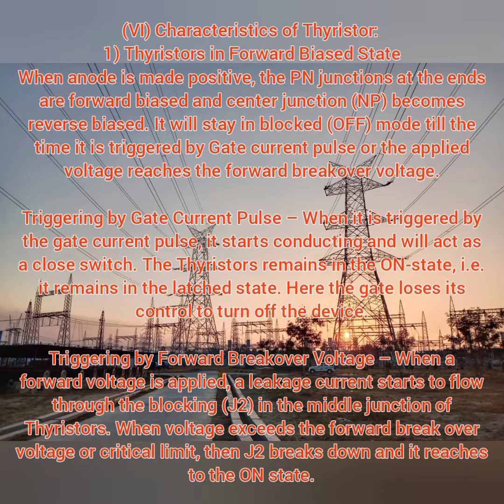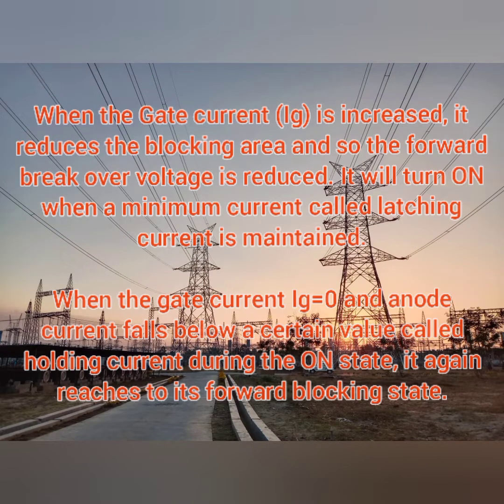Here, when the gate current is increased, it reduces the blocking area and so the forward breakover voltage is reduced, and it will turn on with a minimum current called the latching current.